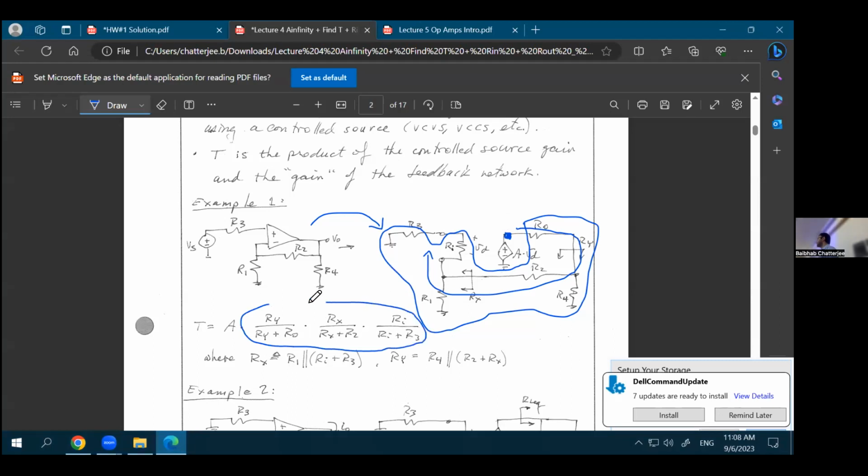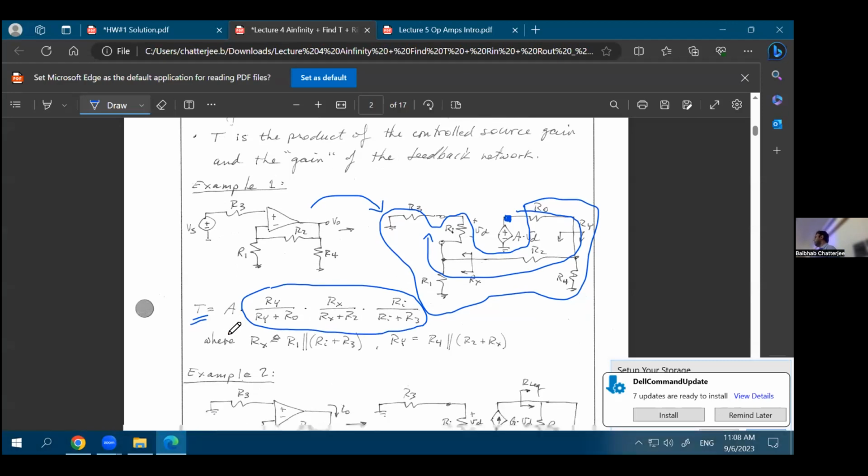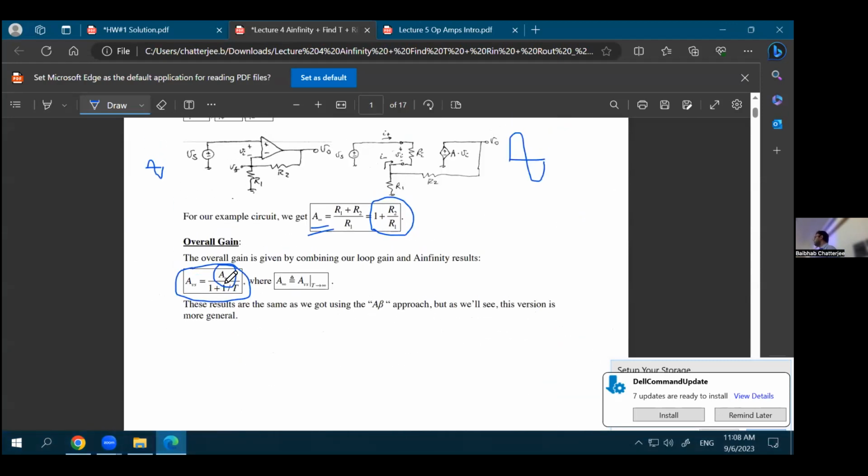This is what we solved in the last lecture. I'll not repeat it this lecture, but you already have the recorded video on how to solve this. And that gives you your T, the overall loop gain. Now you just put in the formula A infinity divided by 1 plus 1 over T, and that gives you the voltage gain when you don't have an ideal op-amp.